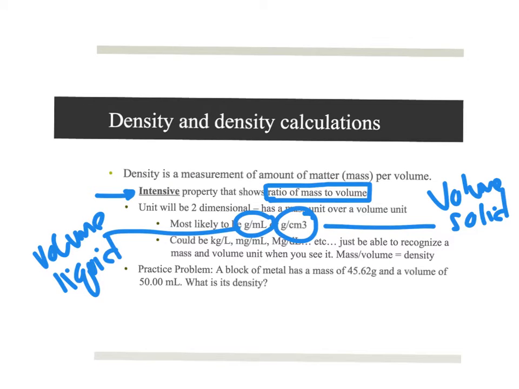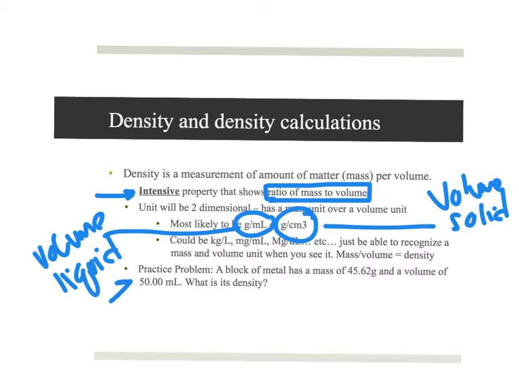It could also be a variety of forms of those things, like kilograms per liter, milligrams per milliliter, any sort of those. And we'll talk about conversions at another time. But again, the ones that we're most likely to use are grams per milliliter and grams per centimeter cubed.